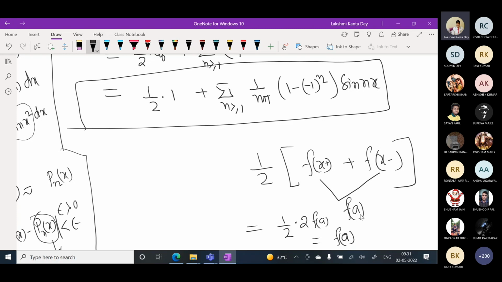That is for a particular point x equal to a, and if it is arbitrary, then it is going to be f(x). That means where the function is continuous, it converges to f(x), the function itself. Where the function is not continuous, we have to find the left hand limit and right hand limit and take the average: f(x plus), the right hand limit, plus f(x minus), the left hand limit, divided by 2. That means we are considering the average value where it will converge.